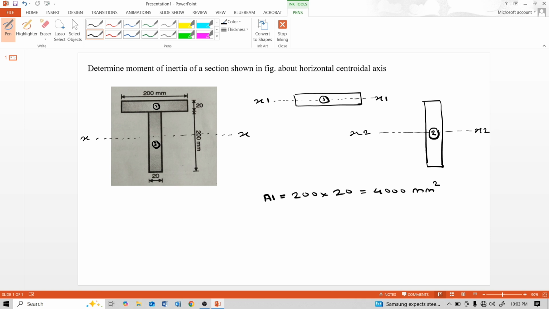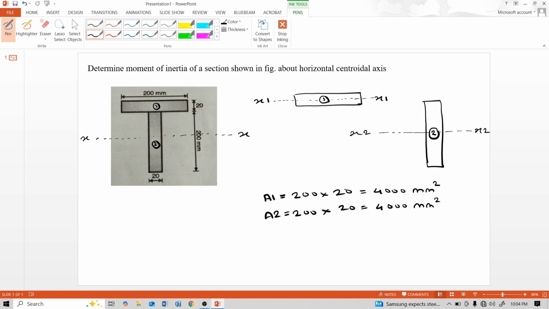For the second rectangular part A2, the thickness is 20 mm and the height is 200 mm, that means 200 into 20, 4000 mm square. Both A1 and A2 areas are the same.